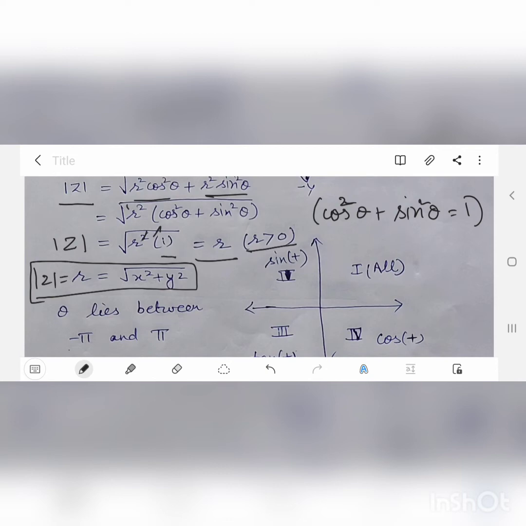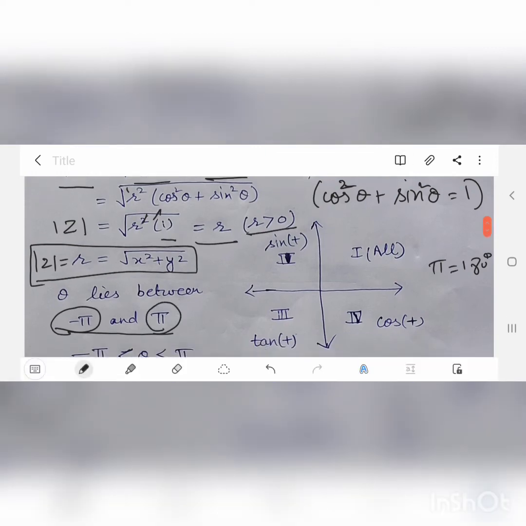Next we calculate theta. Theta lies between minus pi and pi. Pi is equal to 180 degrees, so it means minus 180 degrees to 180 degrees. Then we take the graph with first, second, third and fourth quadrants. In the first quadrant, all of sine, cos, tan, secant, cosecant and cot are positive. In the second quadrant, sine and cosecant are positive, the others negative.